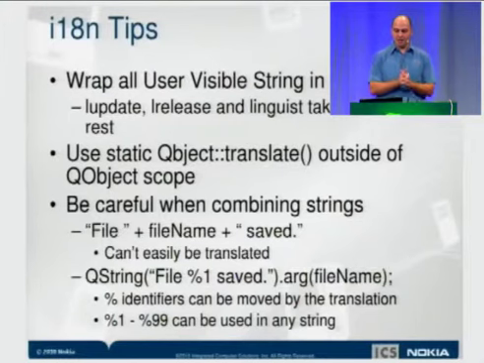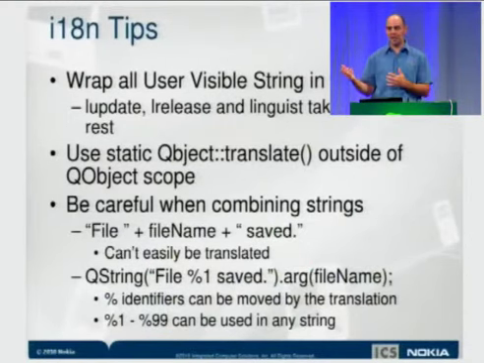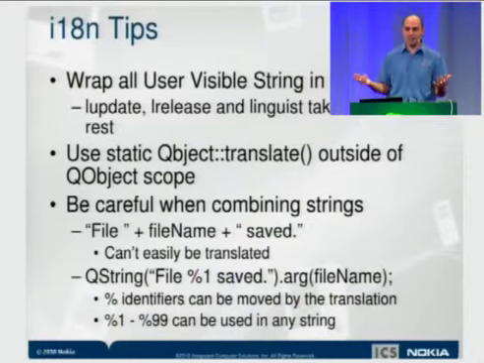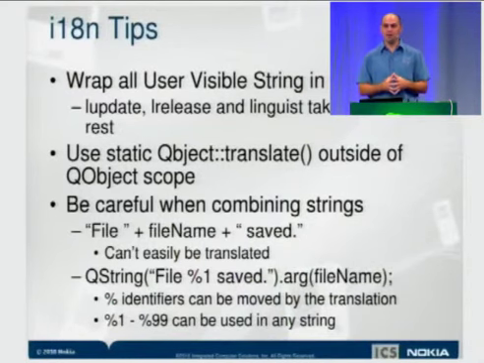But one thing to keep in mind is when concatenating strings. You'll notice that in this example here, where we say file plus file name saved in English, that makes sense. However, when the translator goes to translate that, they're not going to be able to move those words around, and other languages aren't going to be happy with that word arrangement.